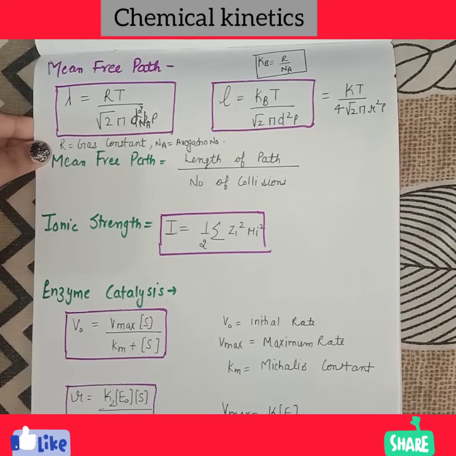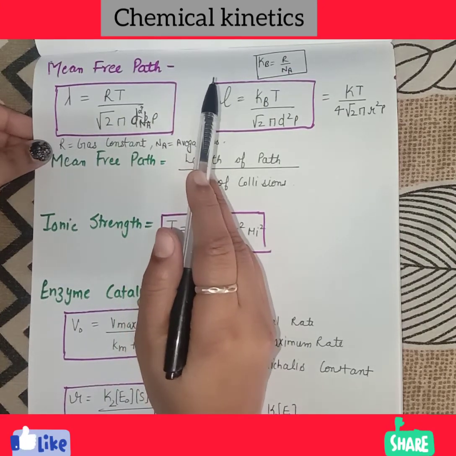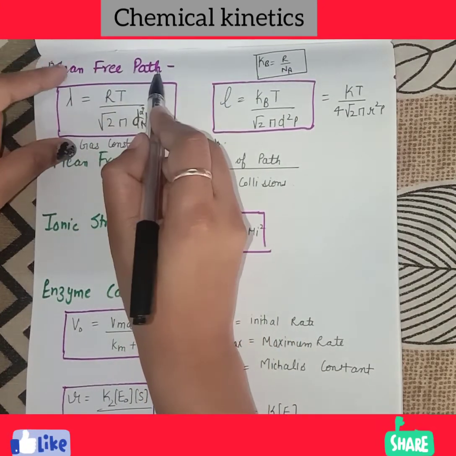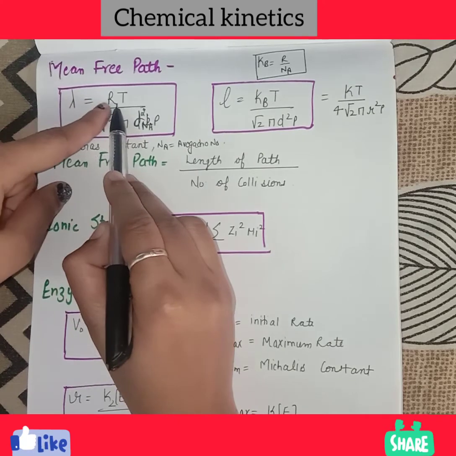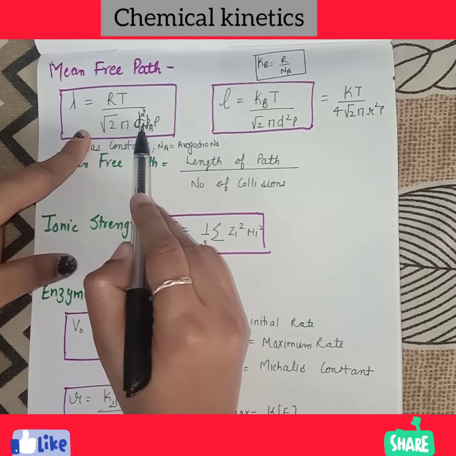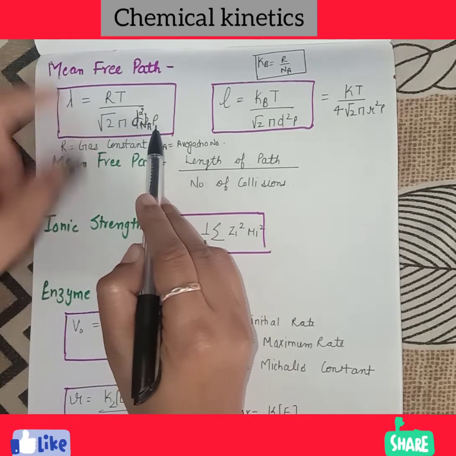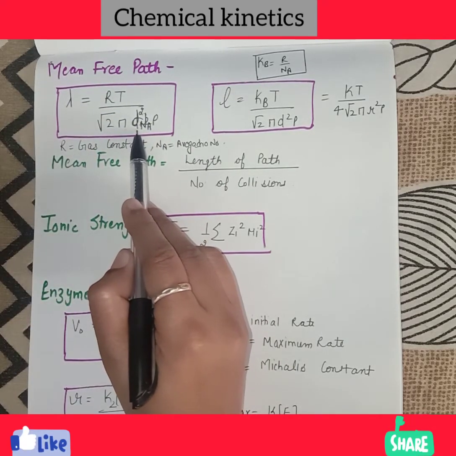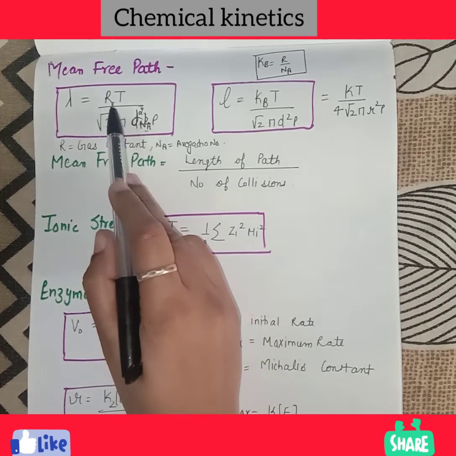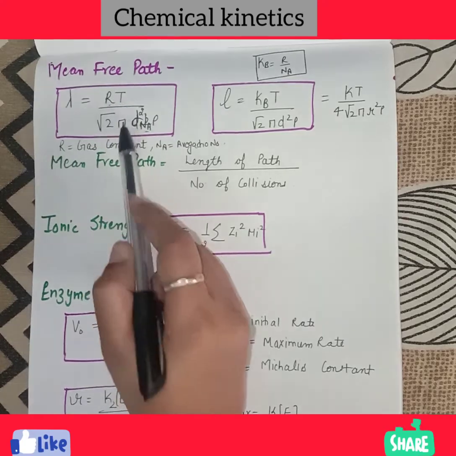Next is mean free path, which is also a very important topic. To calculate mean free path, the formula is RT upon root 2 pi d square Na P. P is pressure, d is the diameter, Na is Avogadro number, R is gas constant, and T is temperature.